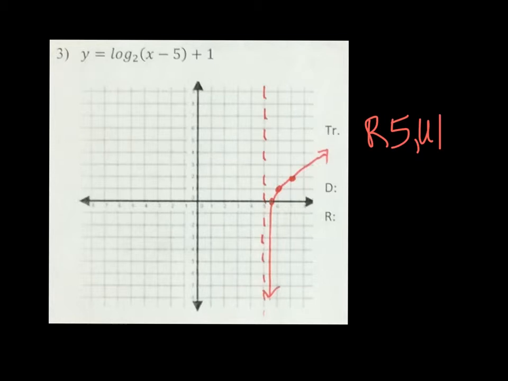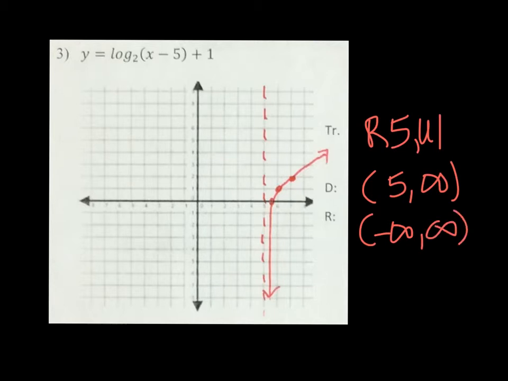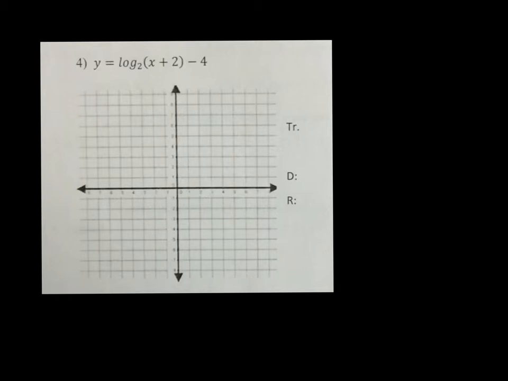Let's do the domain and range. The domain gets shifted to the right 5 units, so now it's 5 to infinity, and the range continues to be negative infinity to infinity. Let's keep rolling.